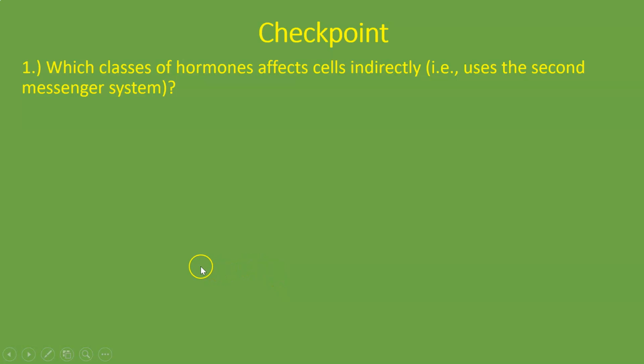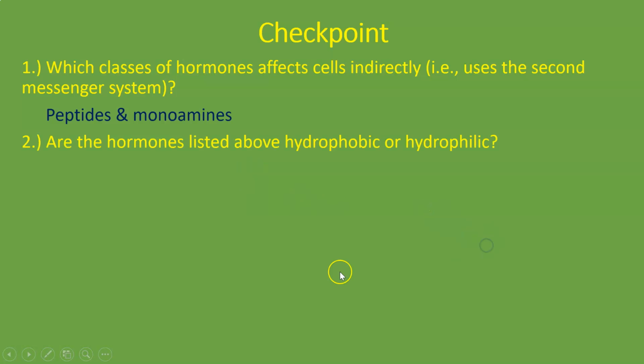Okay, so number 1, which classes of hormones affect cells indirectly? What I want to know is which class of hormones uses the second messenger system? These would be the hydrophilic hormones, peptides, monoamines, the catecholamines. All right, question 2.